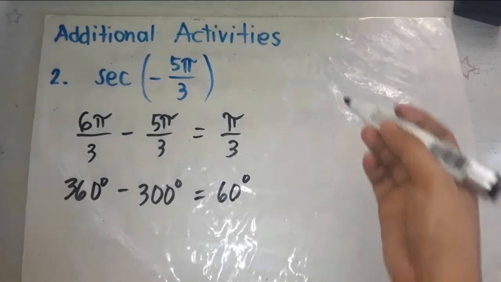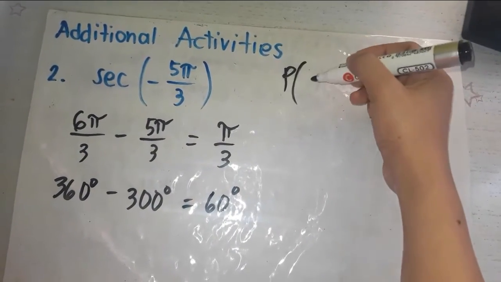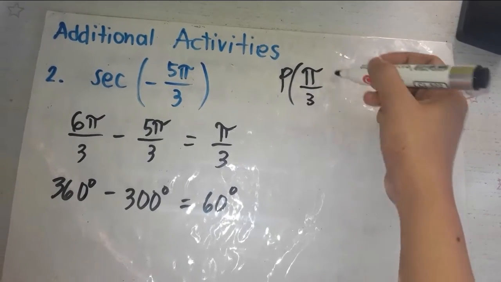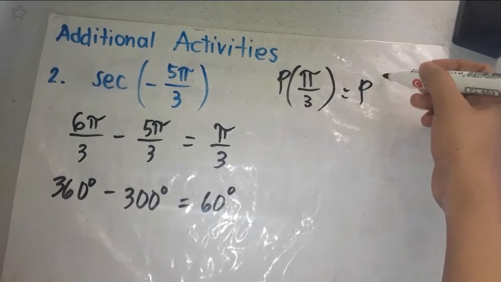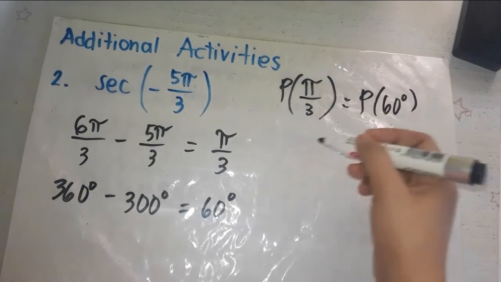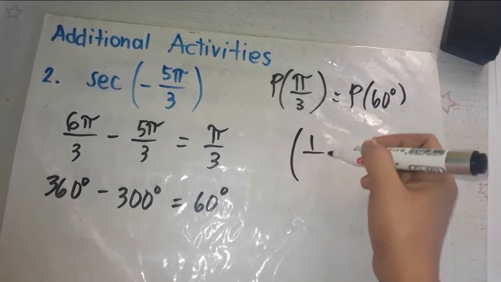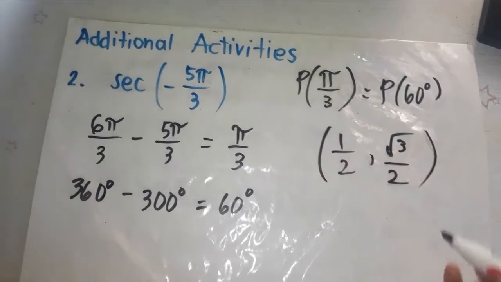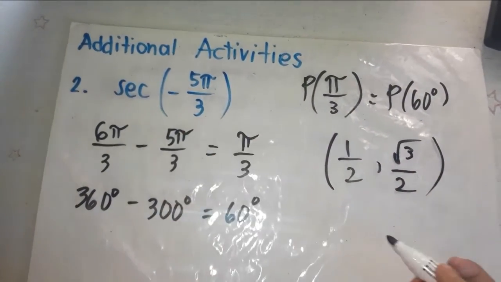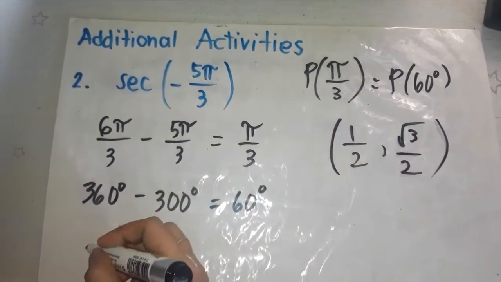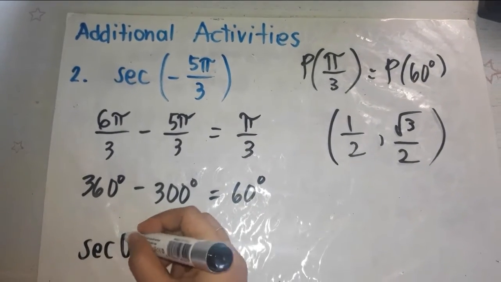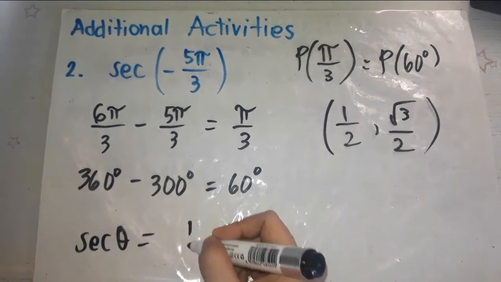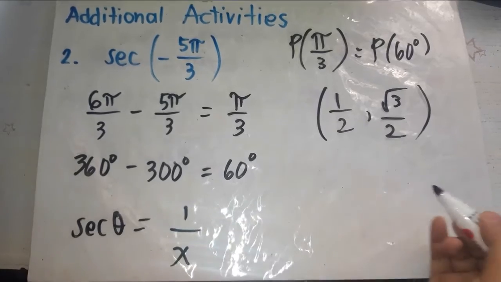Now take note, the coordinates of pi over 3 or 60 degrees are 1/2 and square root of 3 over 2. Alright, so we're going to find the value of secant, and secant theta is defined as 1 over x.